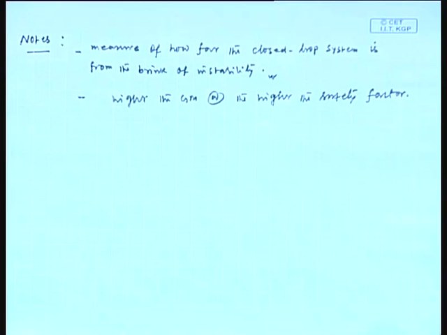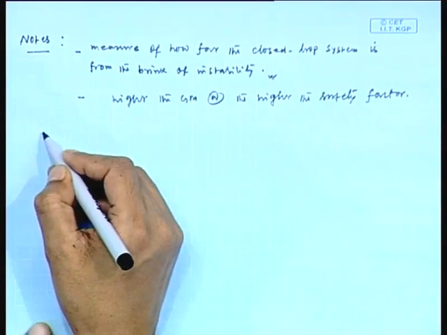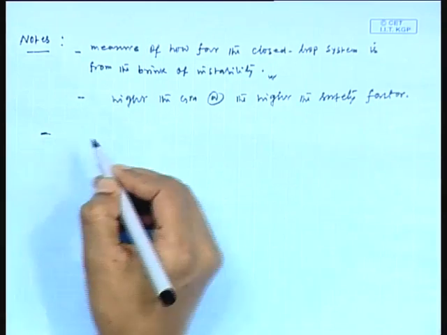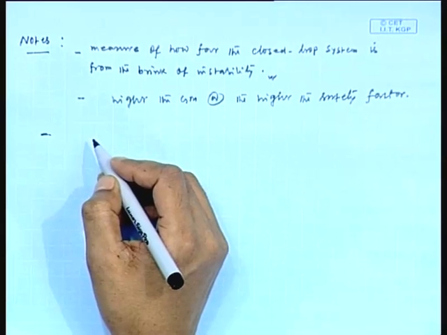Now, question is how we can select the values of gain margin and phase margin. First, we will discuss the selection of gain margin, then we will discuss the selection of phase margin. The heuristics is that when the process parameter values are poorly known, first we have to know the process parameters.